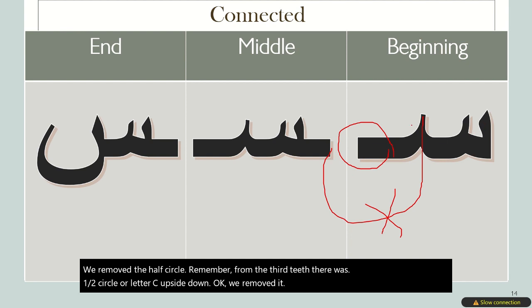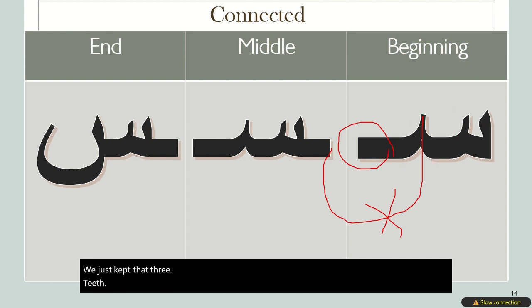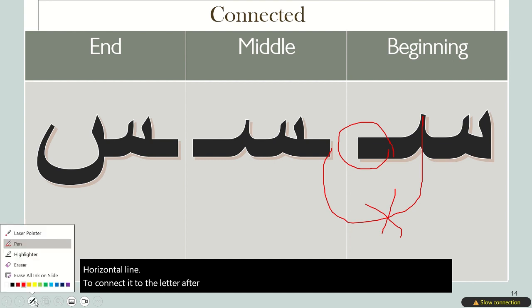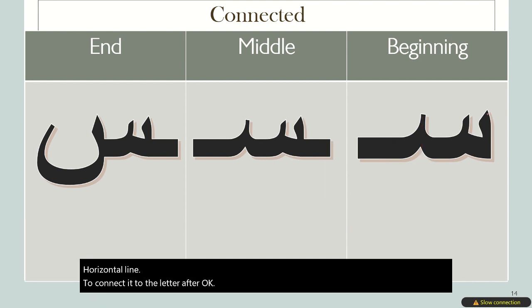We just kept the 3 teeth and we added to it a short horizontal line to connect it to the letter after. Okay, so we have 1, 2, 3 teeth and our connection. Okay, that's seen in the beginning, and we can connect it to whatever letter we want.